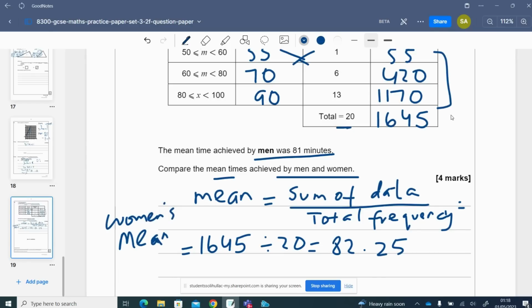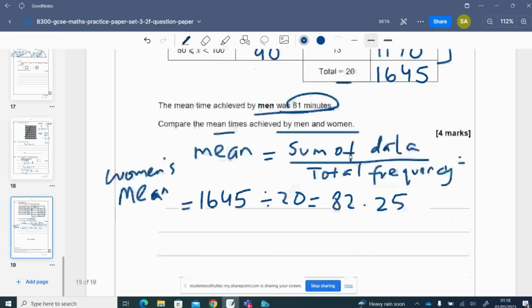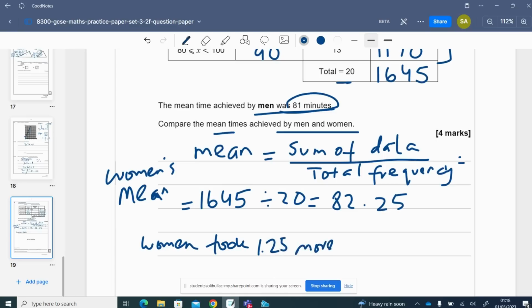Women's mean time, which is obviously bigger than 81 minutes, which is the mean time achieved by men. So you can say that women took 1.25 more minutes than men.